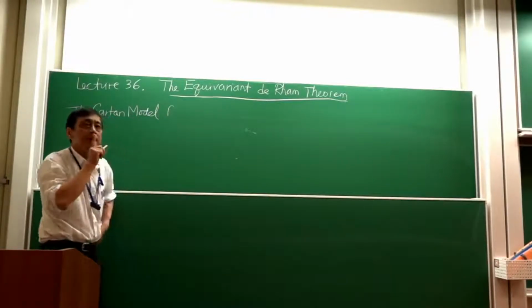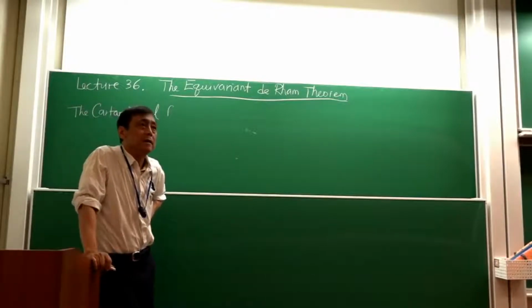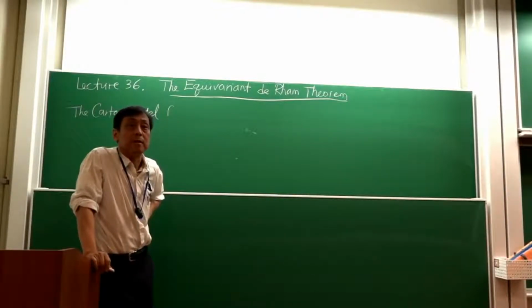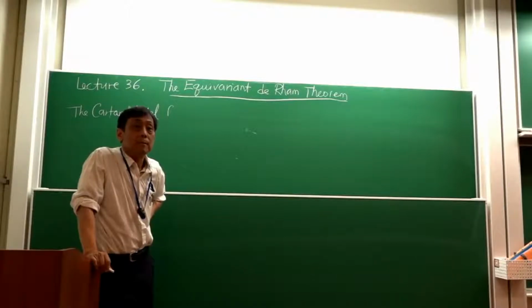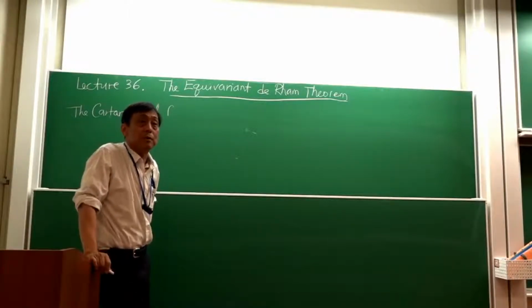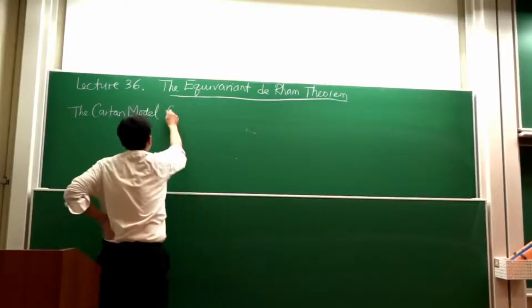So last time we showed that the Weyl model is isomorphic to the Cartan model. So let me recall the Cartan model for a connected Lie group. Oh, no, just a minute. I think we only assume that the group is connected. We don't need to assume that it's compact.